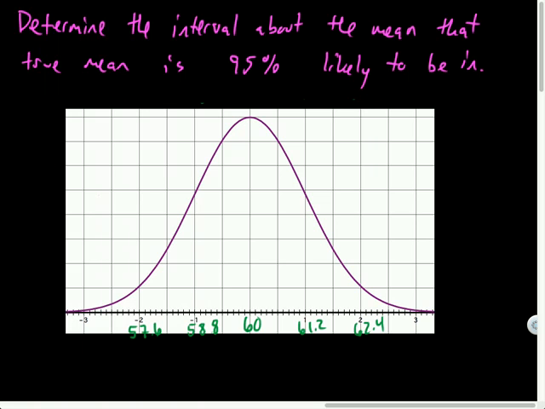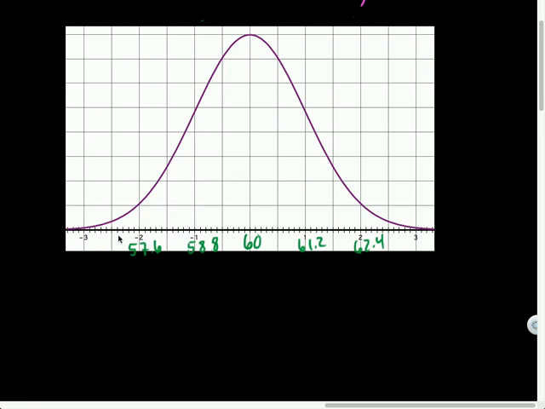So if I want to figure that out, let's look at some keywords. I see the word interval and about, so I'm thinking that's an above and below situation. That's going to be like a t-value, because I see the word about, about the mean. So I'm thinking about t-values here.